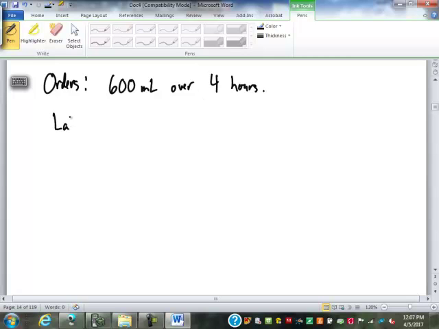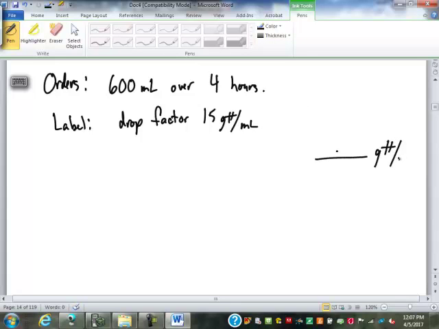And our label gives us a drop factor of 15 drops per milliliter. This time we're going to drops per minute. Now I mentioned milliliters per minute. We'll get to that here in just a second. So we have 600 milliliters over 4 hours is our order.